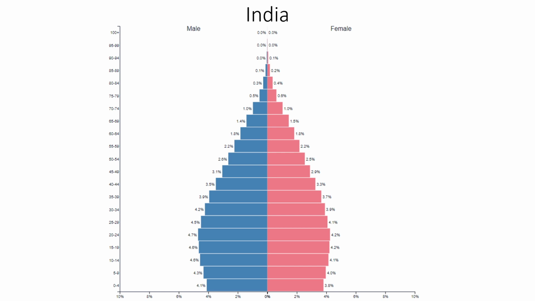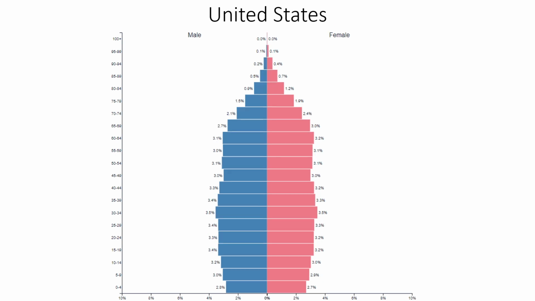So now let's have a look at the third country in the world by population, the United States. We can see a really balanced situation. The number of people through different age intervals is almost the same. There is still a bit of decline in reproduction in the expected future.